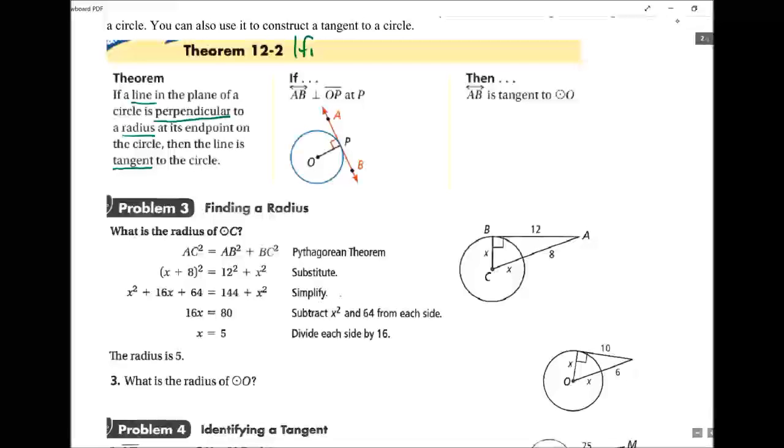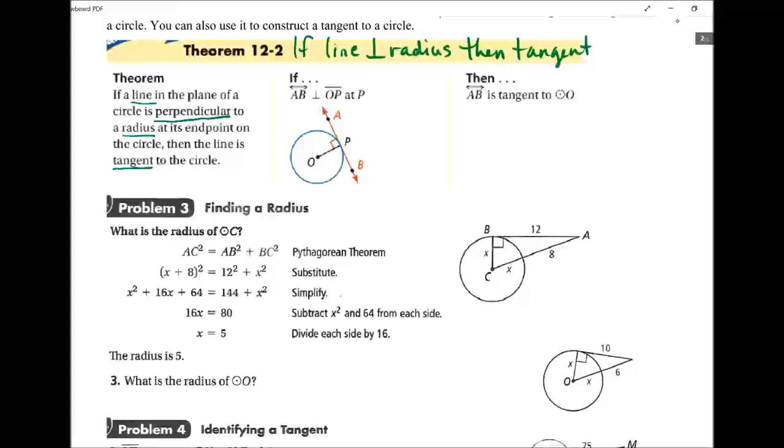If a line is perpendicular to the radius, then our line is tangent. Then it is tangent to the circle. All right, so that is very much a converse of what we just did.